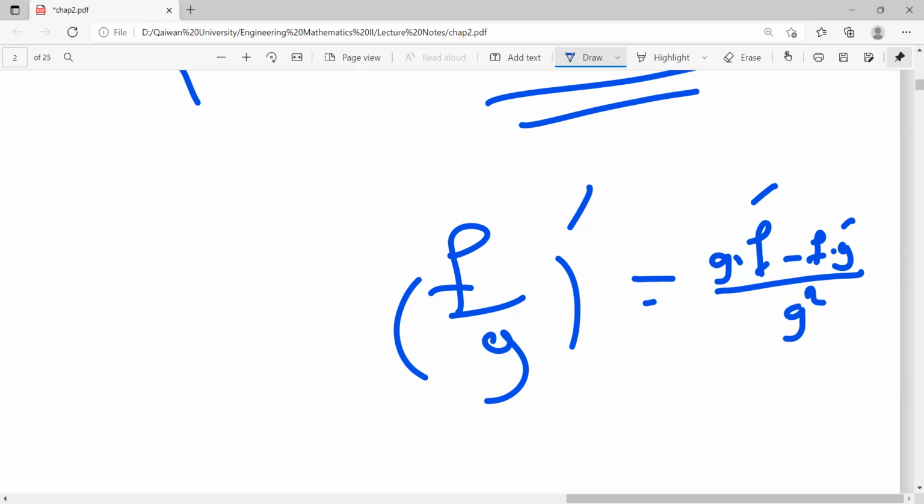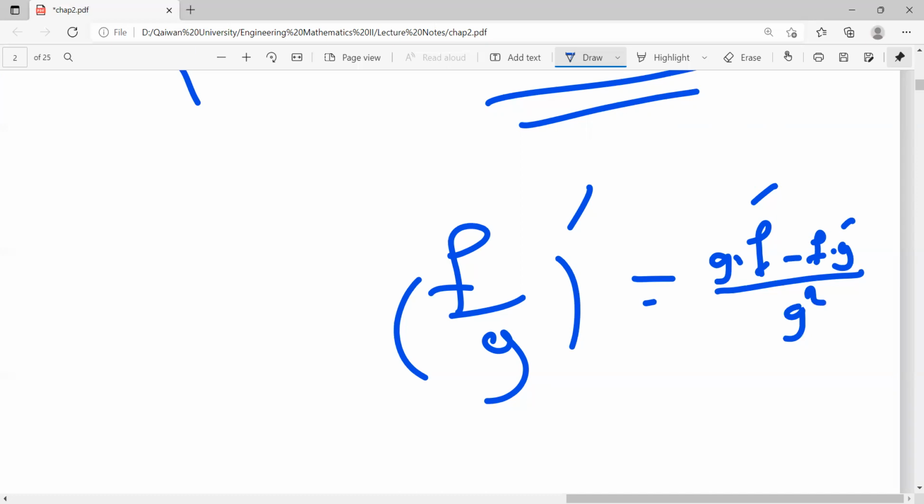You are familiar with this rule, okay? This is the division rule of derivative. If you have the division of two functions, that means if you have x in both numerator and denominator, and we take the derivative with respect to x, we apply this rule. Even if you have y in both numerator and denominator, when we take the partial derivative with respect to y, we should apply this rule.